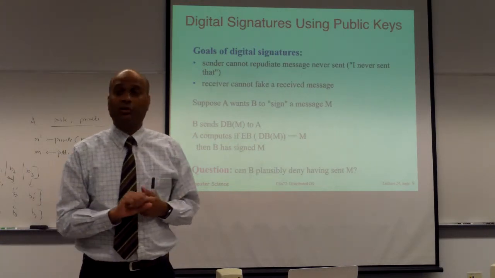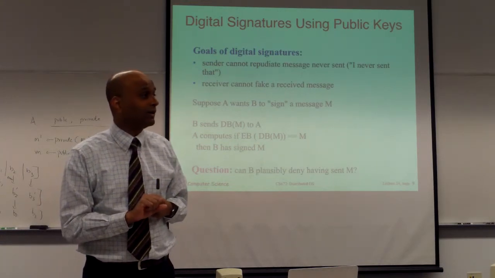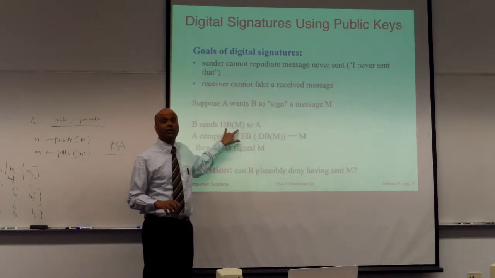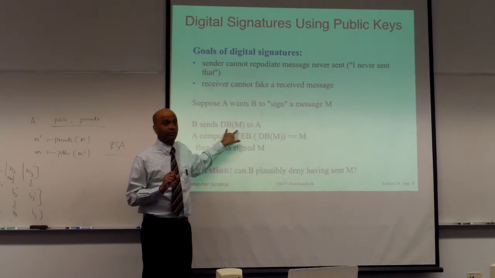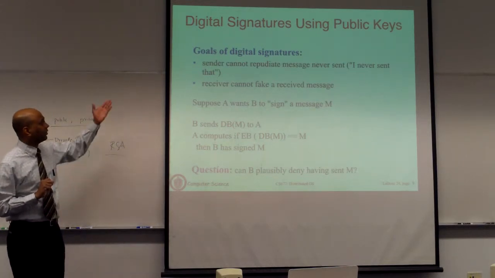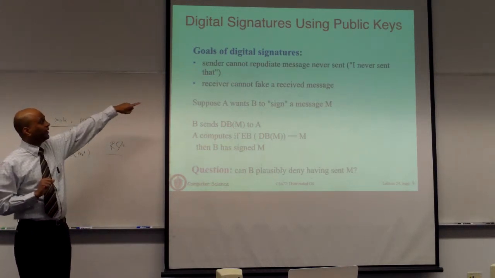You cannot claim you did not sign it because only you know your private key. So D of M is a string that only you could have generated. This basically gives us all of these properties that we want, and you cannot fake a message.